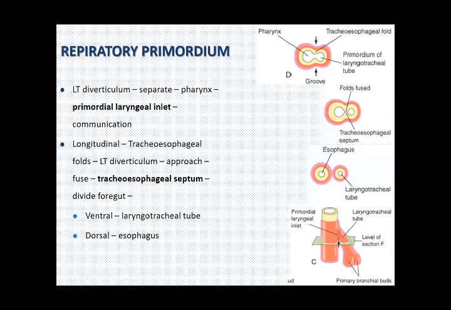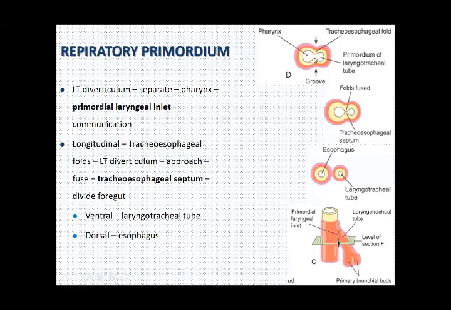Now what happens is कि longitudinal folds appear करते हैं. ये जो एक common opening थी, common opening between the developing foregut and the laryngotracheal tube, इनके दरमियान ये जो opening थी, इस opening में ये folds appear करते हैं.